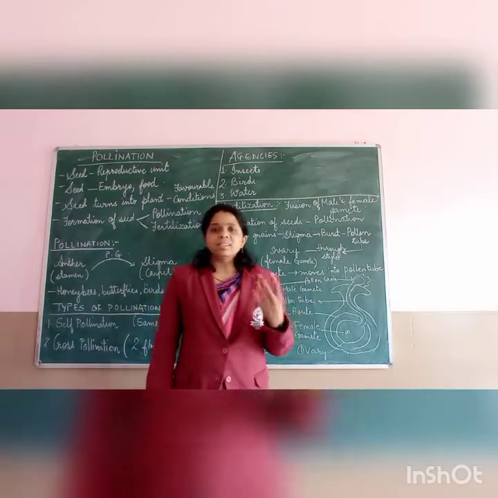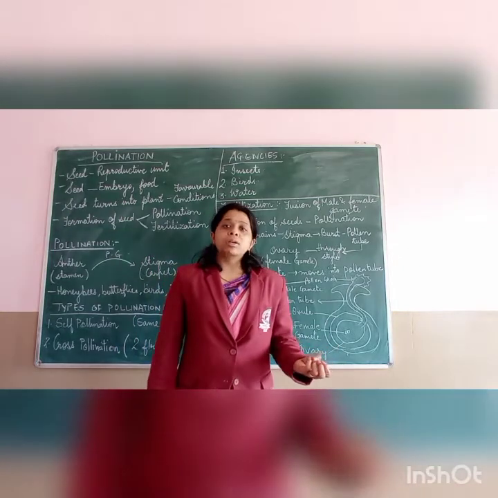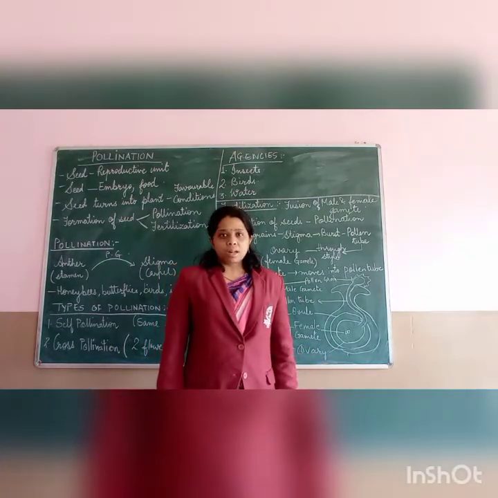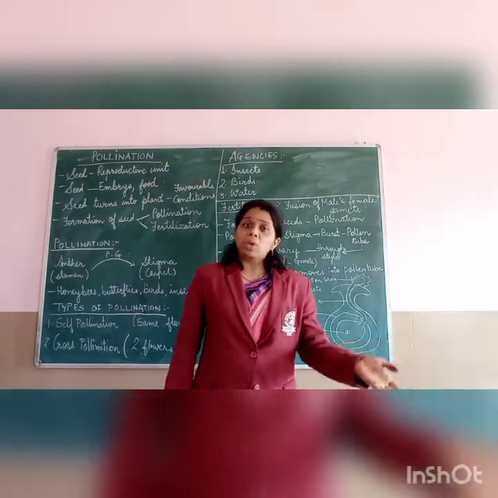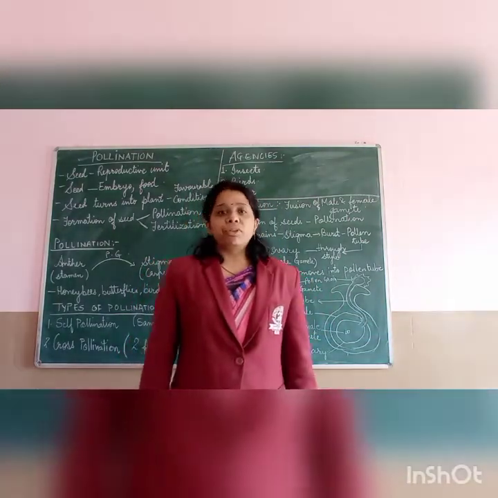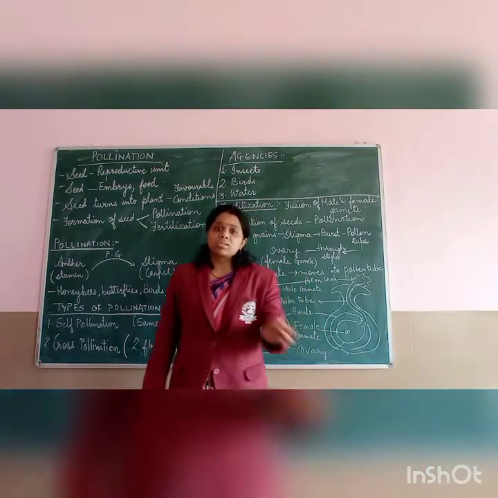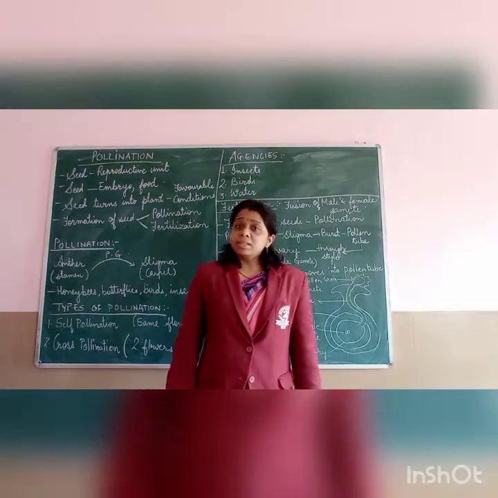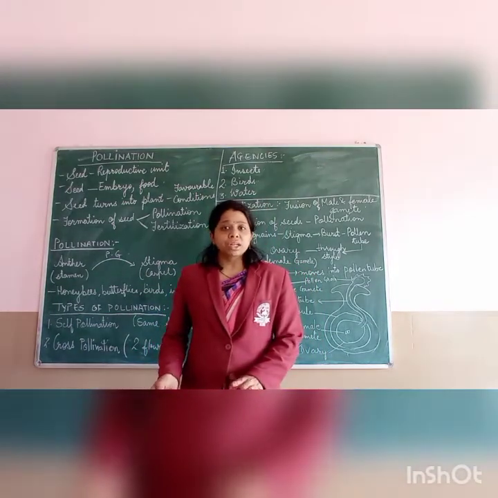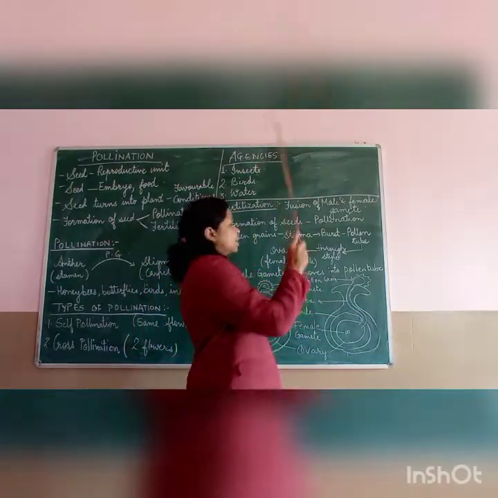When they sit on one flower for sucking the nectar, pollen grains stick to their legs. The same honeybees and butterflies then go and sit on different flowers, and the pollen grains get transferred onto another flower. This is how pollen grains are transferred from one flower to another by insects.